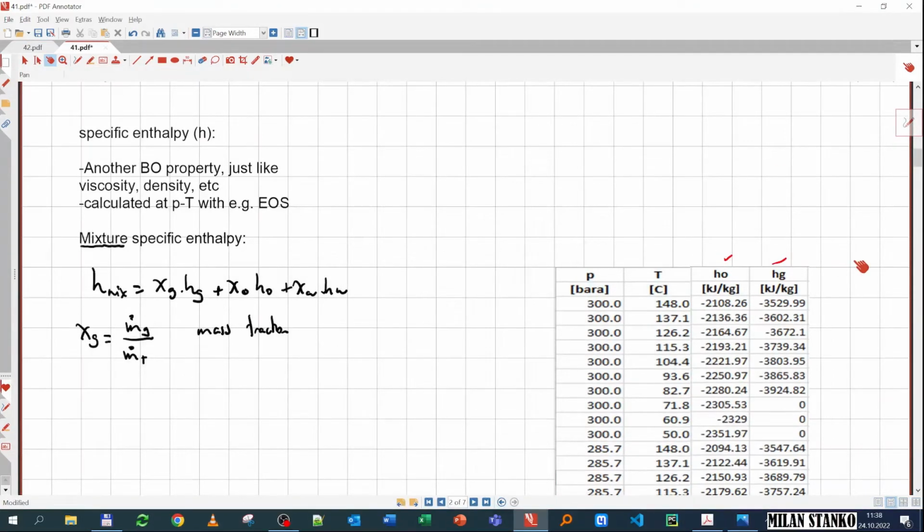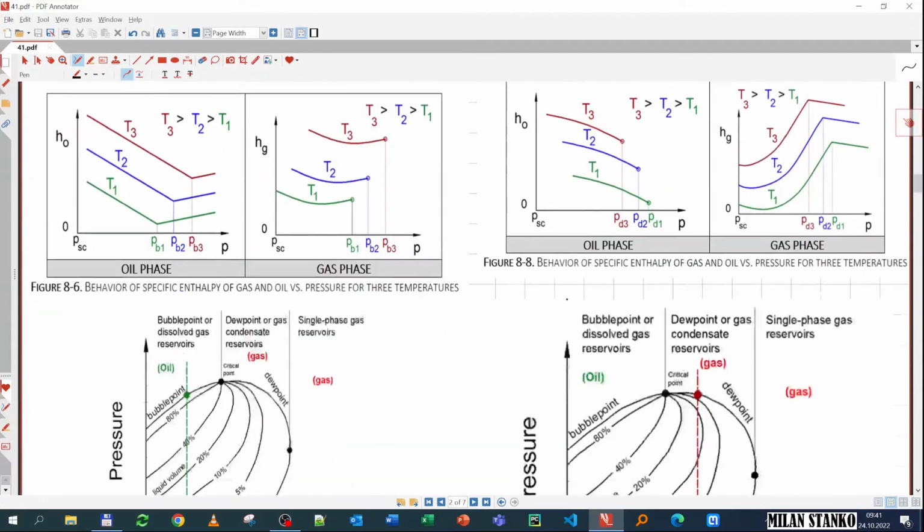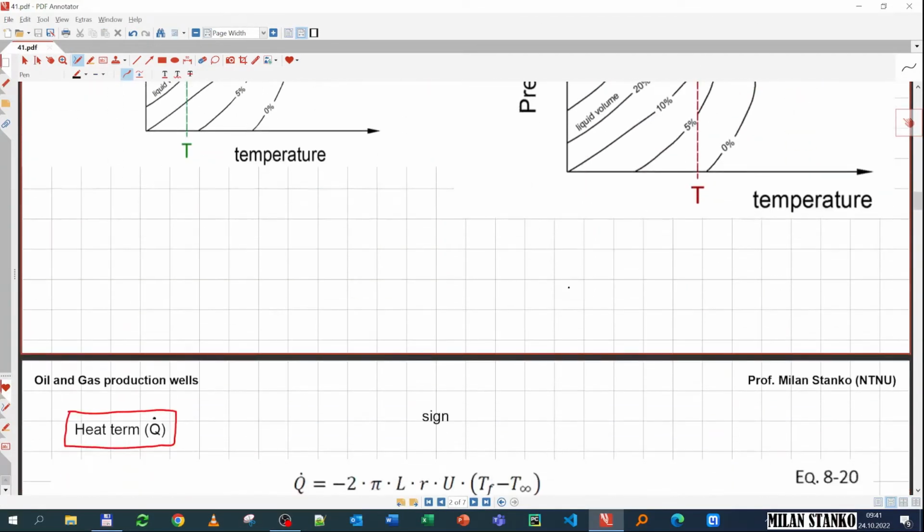An approach that is used to avoid this iteration is to express the delta H as a function of the specific heat at constant pressure times delta T. And this works fairly okay for liquids, but for gases the Cp is a strong function of pressure and temperature and requires frequent updates.